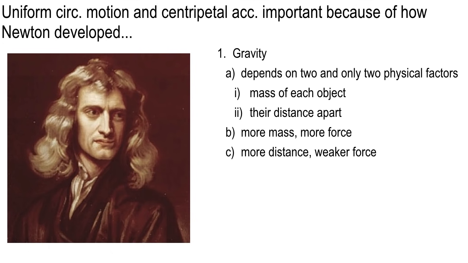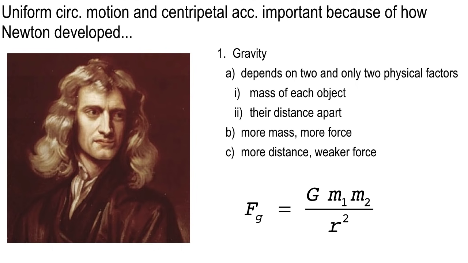The other thing he said was the more distance you have, the weaker the force. So this is the formula that he came up with. The force of gravity, according to Sir Isaac Newton: you take the mass in kilograms of your two objects, the Earth and the moon, a kilogram bottle of water and the moon, whatever, M1 and M2, the two objects that are gravitationally interacting.